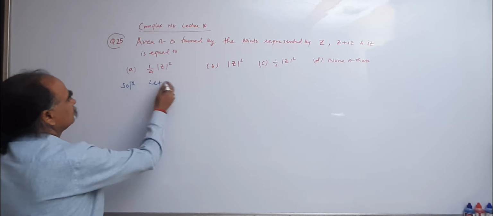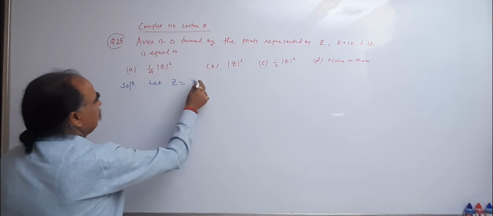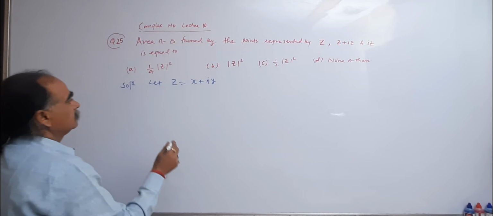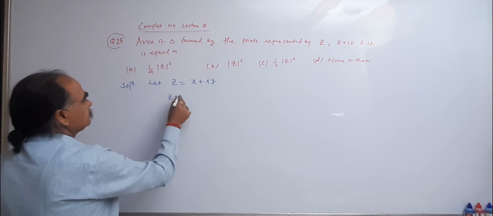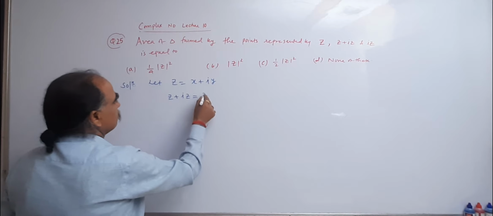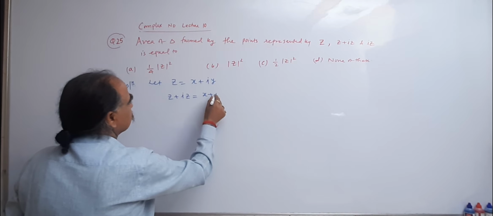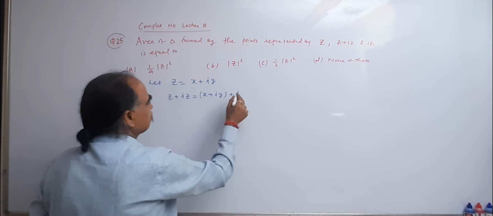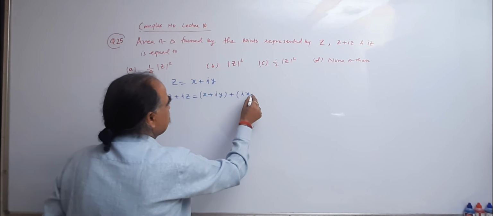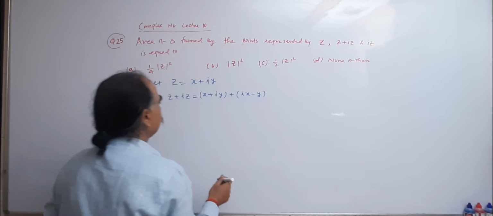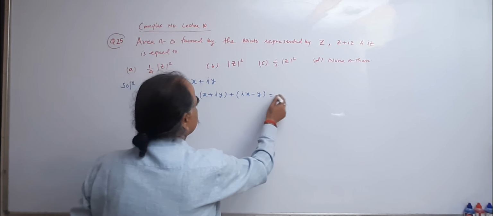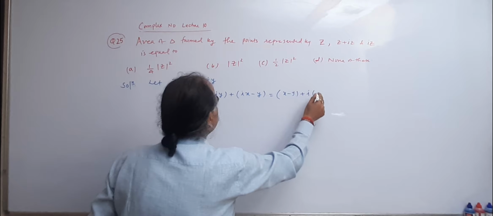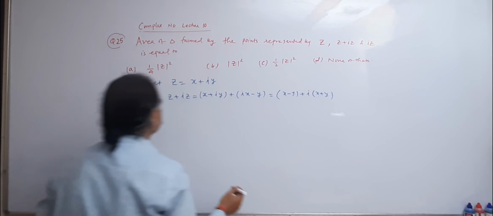Let z is what? x plus iy. z plus iz will be what? x plus iy plus, when we multiply this, ix minus y, which is same as x minus y plus i into x plus y.